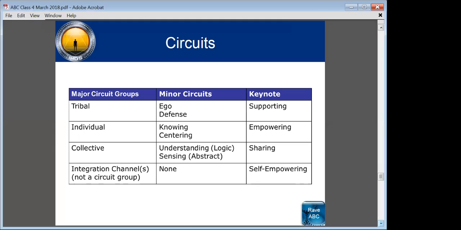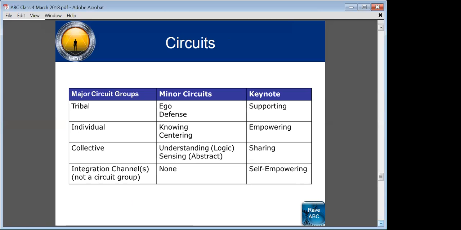So there's no minor circuit, but it turns the way the frequency of the energy works. It's not so much about being a presence within humanity that is focused on how it engages and interacts with others. It's somewhat of a turning inward kind of circuitry, or not circuitry, but channels, life force channels.